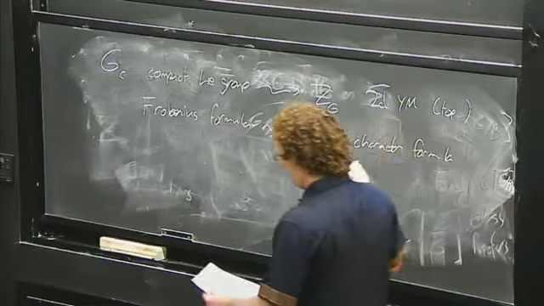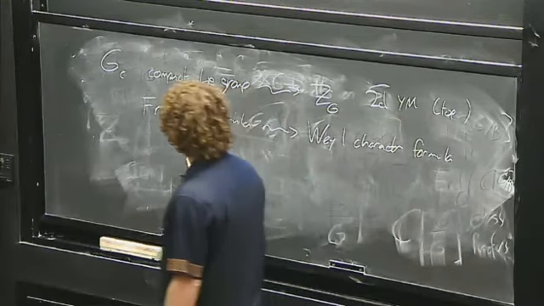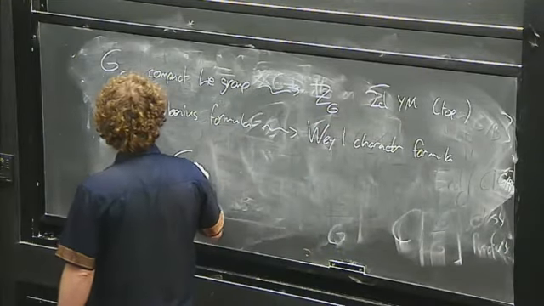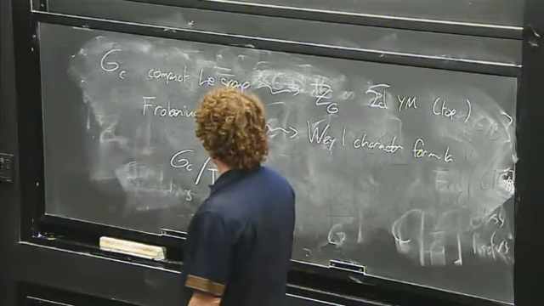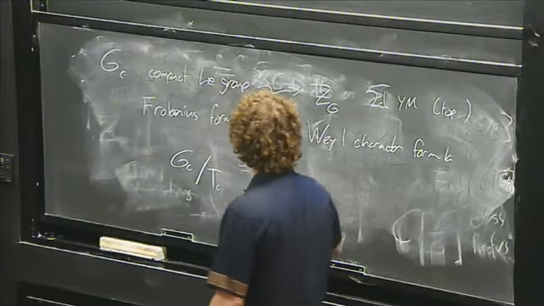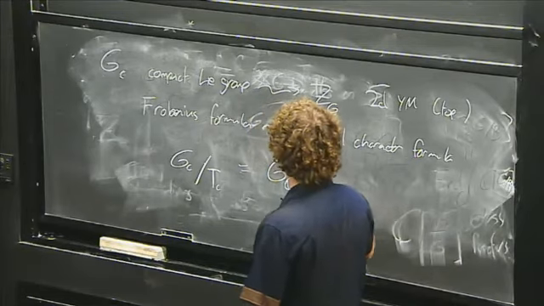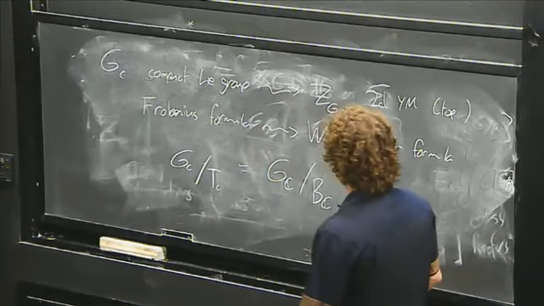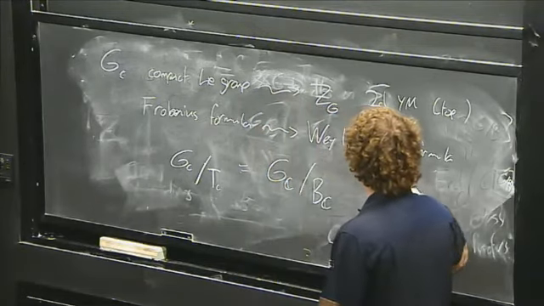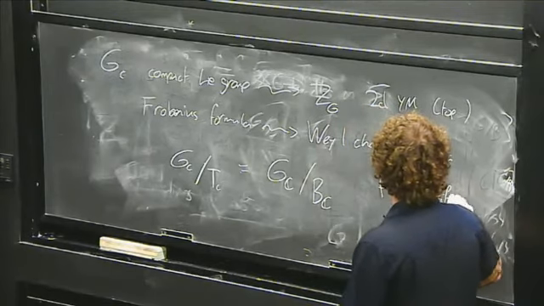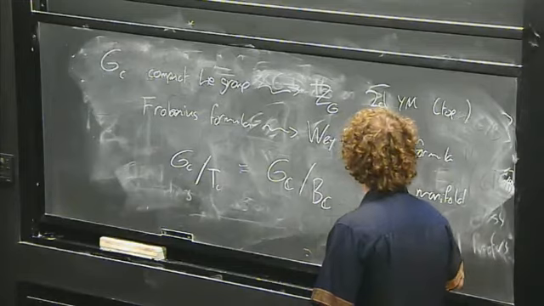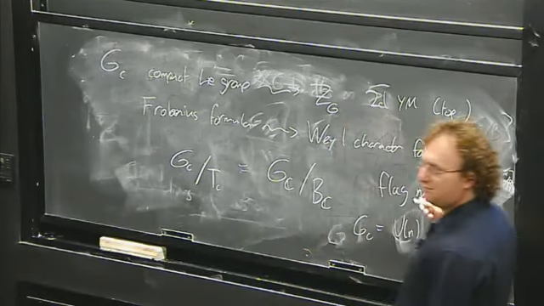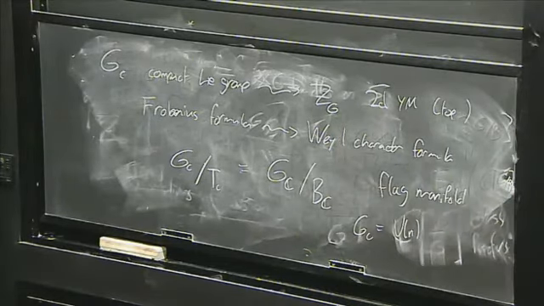You just fix a single homogeneous space, which is, I'm going to look at the group modulo its torus, which is the same thing as the complex group modulo its Borel subgroup. So this is the flag manifold. In the case where my group G is SU(n) or U(n), this is the space of complete flags of subspaces in C^n.